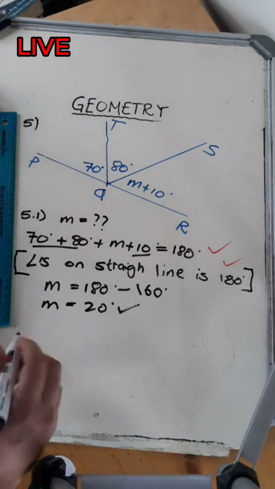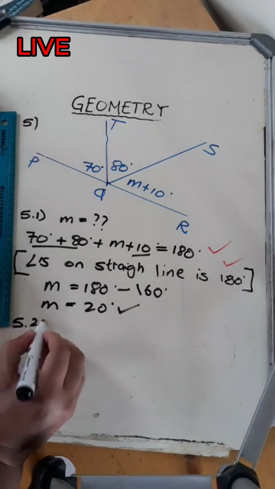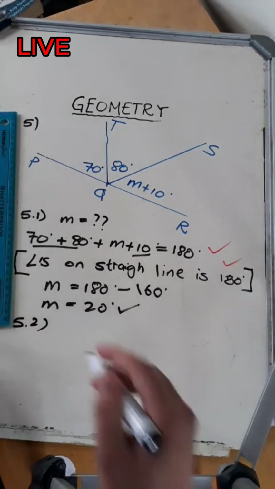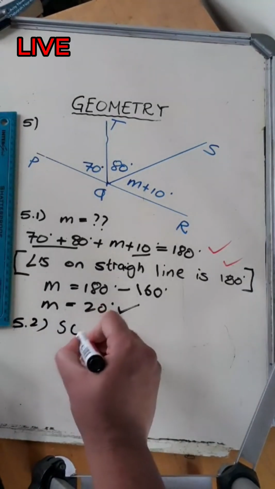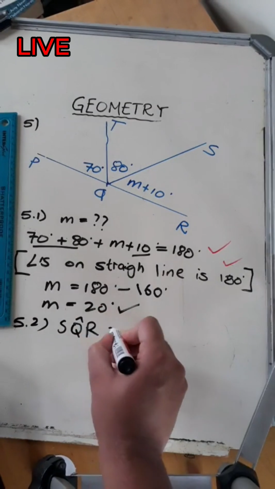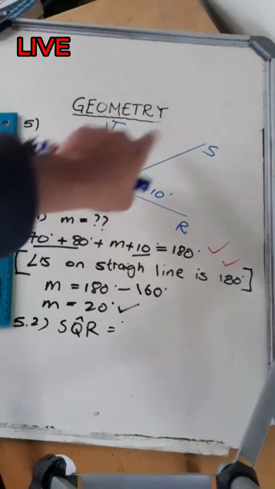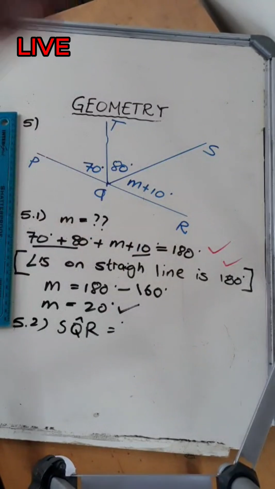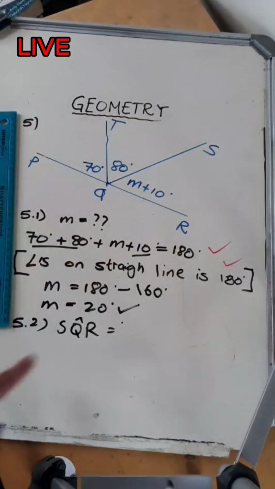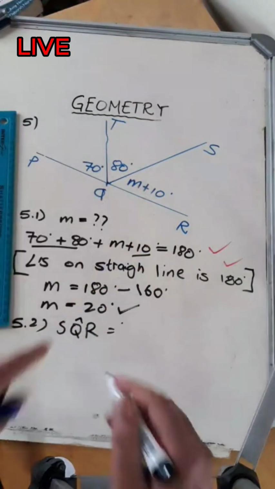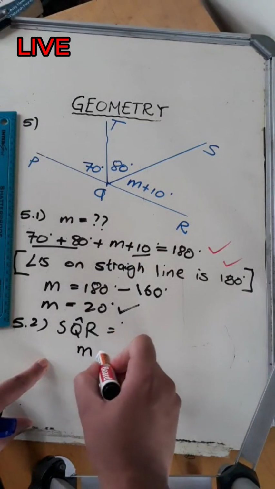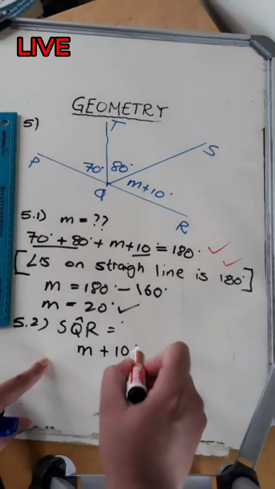So the next question that we're going to get, 5.2, they ask us what is the value of SQR. They want to know what is the value of this angle here, SQR. Now, according to this diagram, SQR, which is this angle here, is equal to M plus 10 degrees.